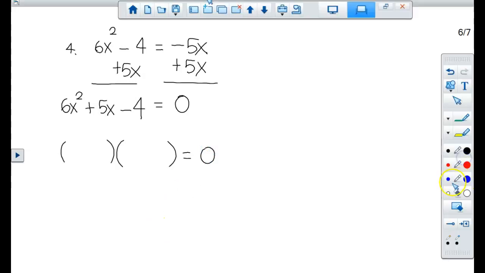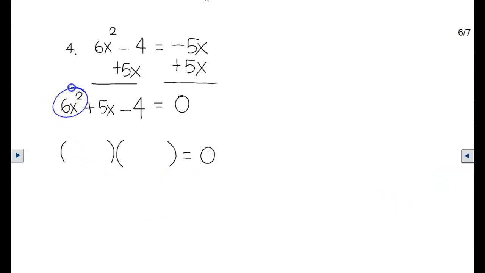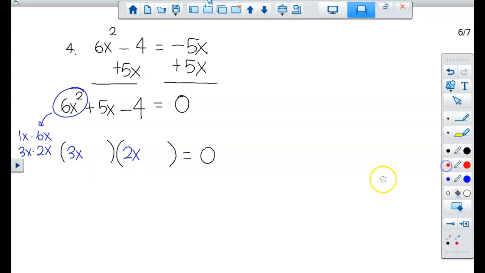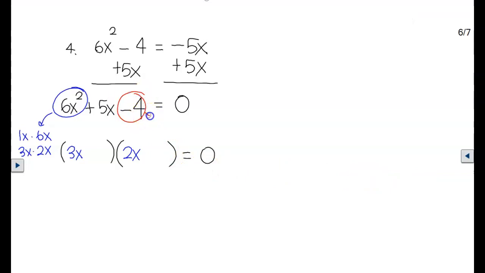All right, so first we are guessing for 6x squared. That could be 1x times 6x or 3x times 2x. Now this is a guess, but I'm going to try the 3x and the 2x. All right, then we are guessing for negative 4. That could be 1 times 4 or 2 times 2.